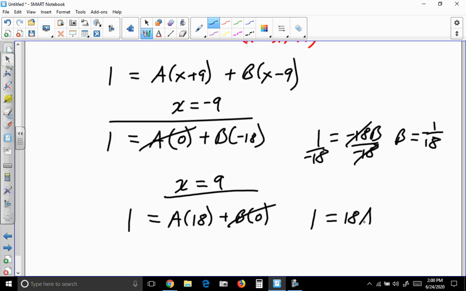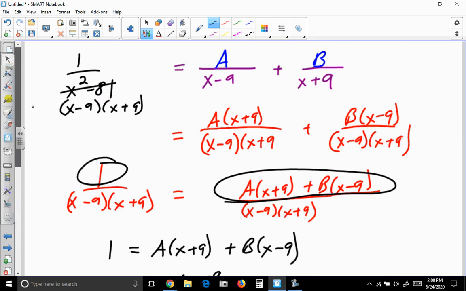So 1 equals 18a, or a equals 1 over 18. So those are the values that we need for a and b, so that those two fractions combine to make what we started with.